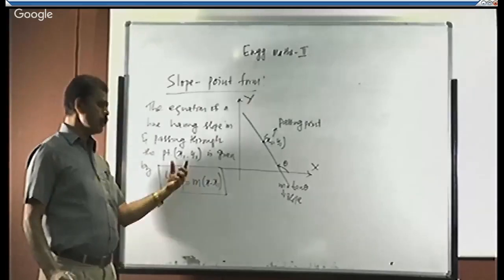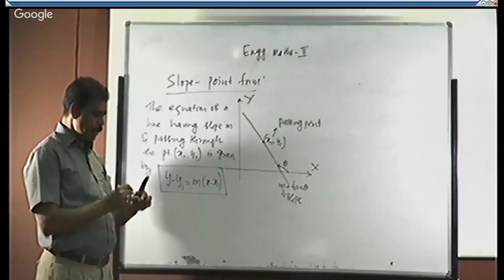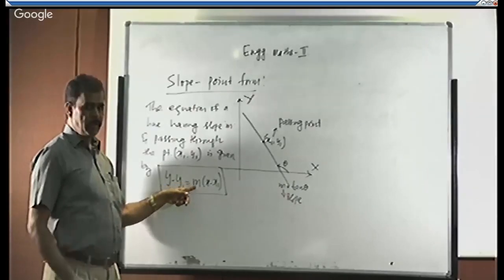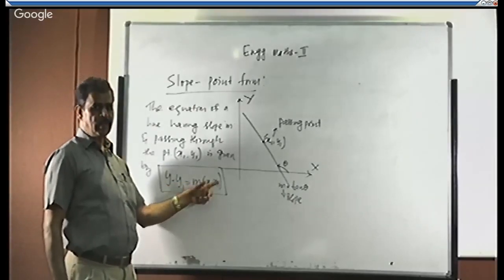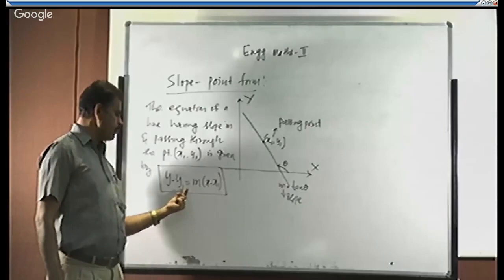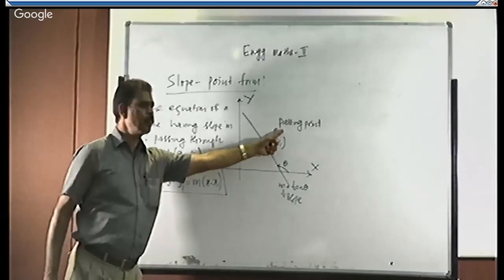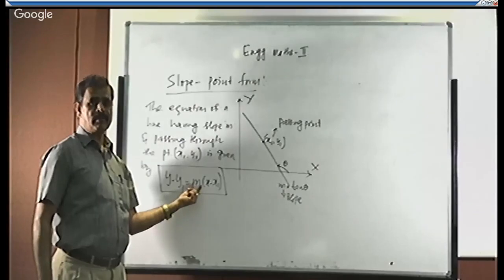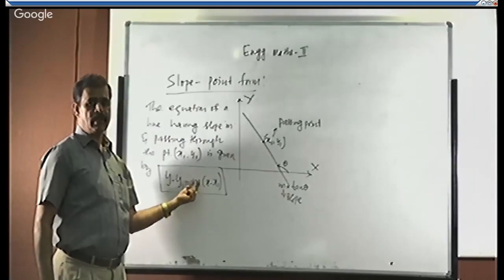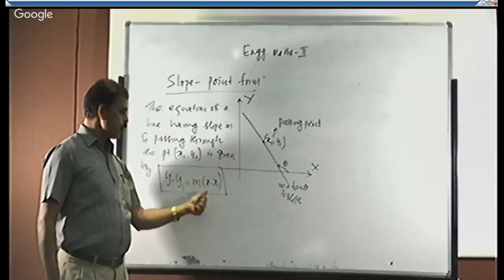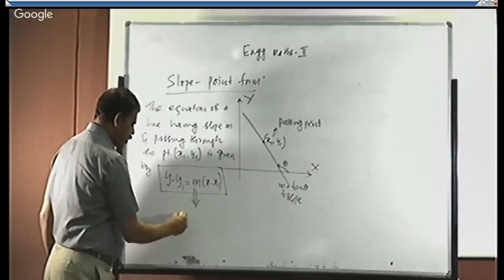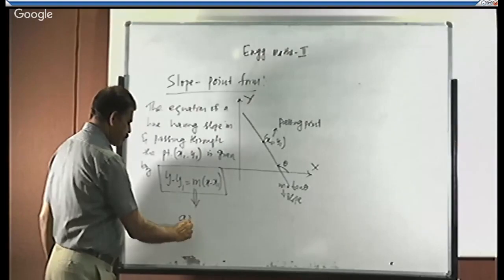Just remember the equation of a line as y minus y1 is equal to m into x minus x1, in which x1, y1 will be called the passing point and m will be considered the slope of the line. With these two, we can form the line. Finally, it will be obtained in this form only.